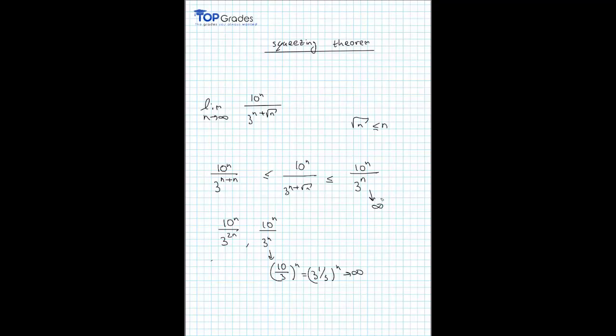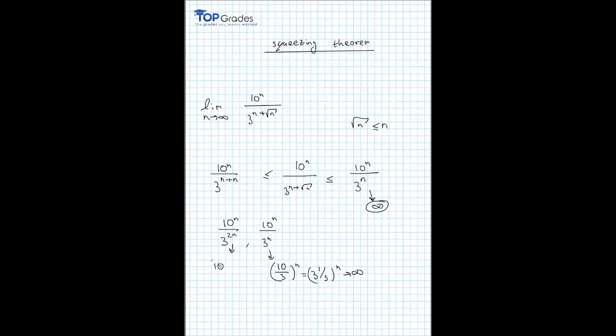The secret to knowing whether my squeezing theorem is good is to find two sequences bigger and smaller than the original one, and the hardest part is making them have the same limit. Because if this goes to infinity and this goes to, let's say, 0, it says that this limit is somewhere between 0 and infinity. So I hope that this limit also goes to infinity.